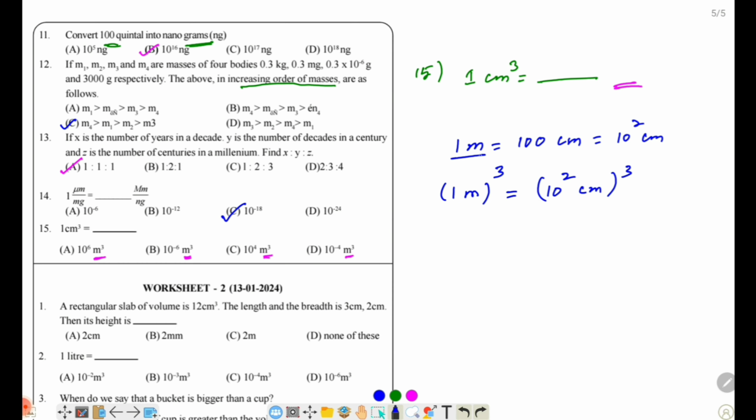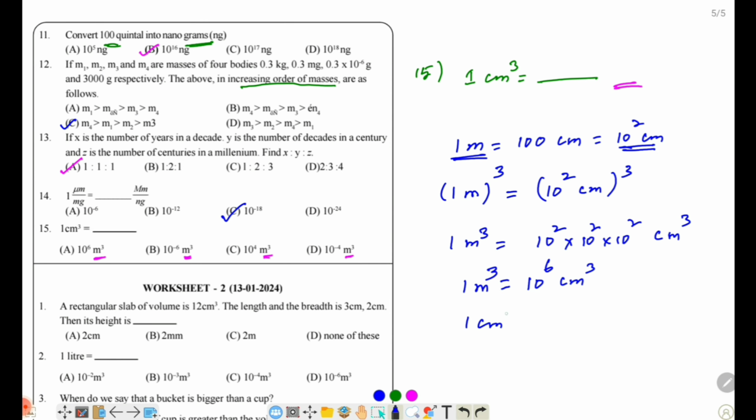So cubing on both sides, 1 meter cube is 10 power 2 into 10 power 2 into 10 power 2 centimeter cube, which is 10 power 6 centimeter cube. Then the inverse of this is 1 centimeter cube is 10 to the power minus 6 meter cube. Clear? So the correct answer is option B.